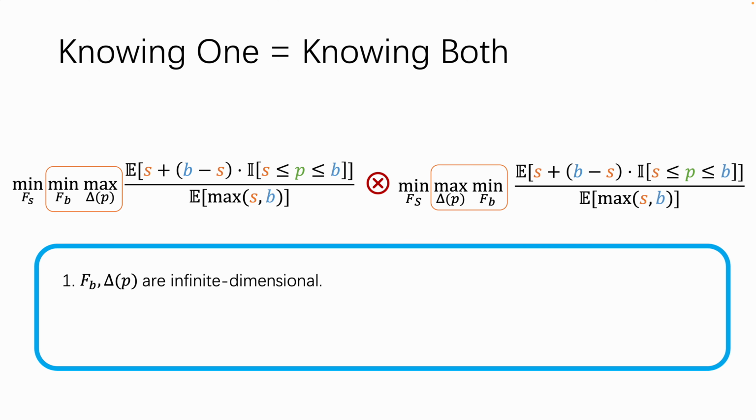The first one is that FB and delta P are infinite dimensional spaces, so we cannot directly apply the minimax theorem, because it may not be true in infinite dimensional spaces. The second reason is that the objective function may not be convex-concave, so we also cannot directly apply the minimax theorem.